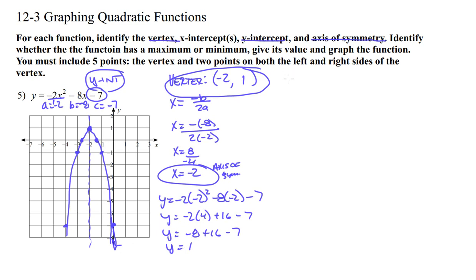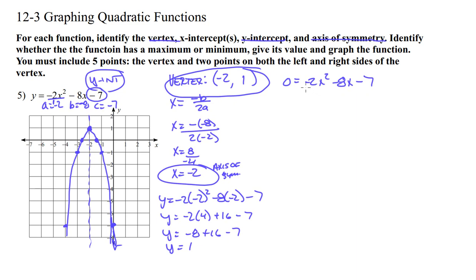Okay, so to find the x-intercepts, we have to set y equal to 0. So we get 0 equals negative 2x squared minus 8x minus 7. Okay, we could try to factor this, but we can already look here and tell that it's not going to be pretty x-intercepts.